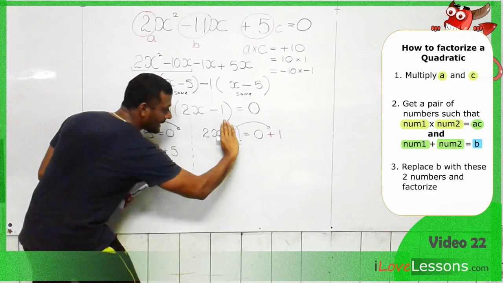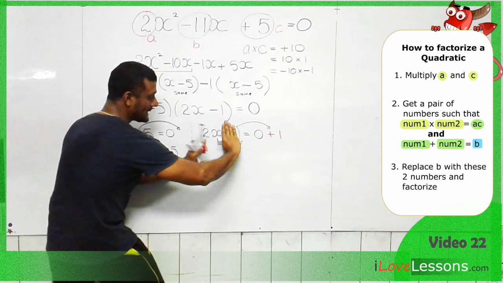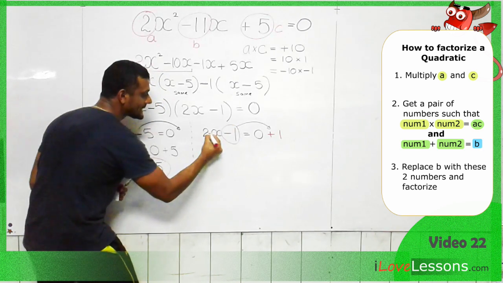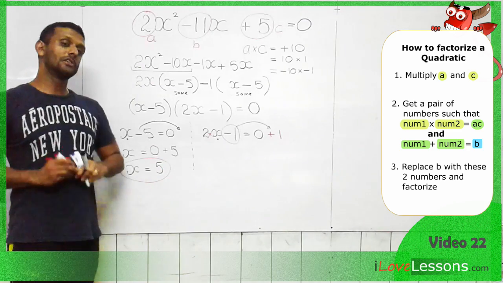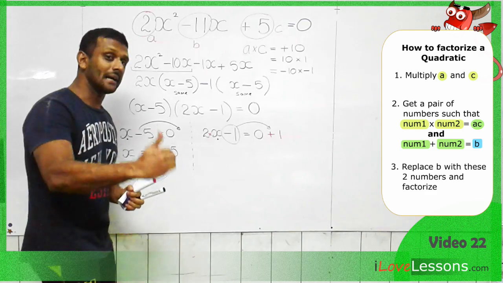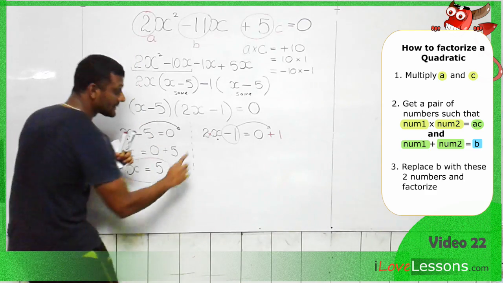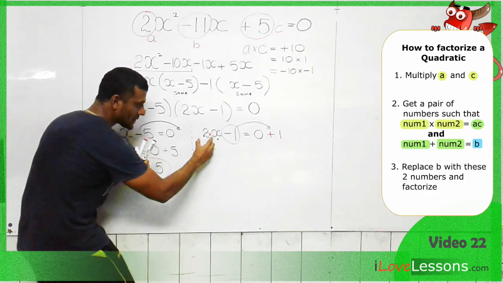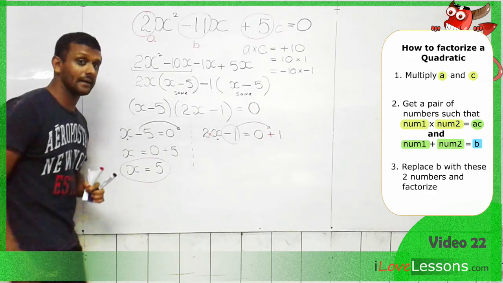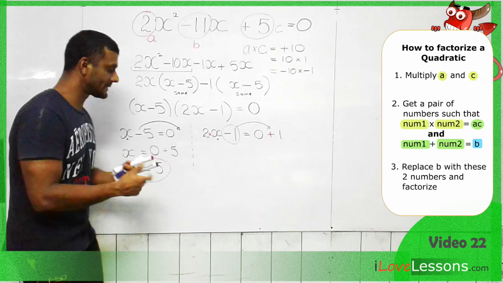Now we need to get x alone on one side. We need to get rid of this 2. Remember, when a number touches a letter, there's a secret multiply. And when you throw across a multiply, you're going to get a divide, but the sign does not change, which means this 2 is positive. So when we throw him across, the multiply will change to a divide, but he will remain positive.